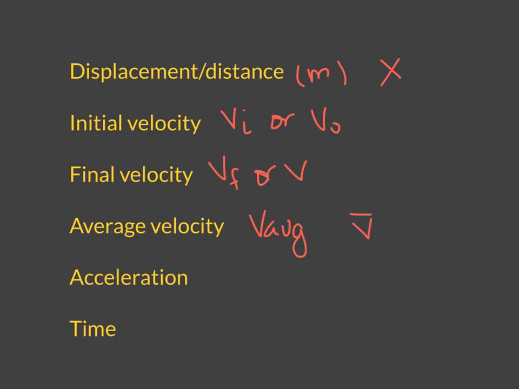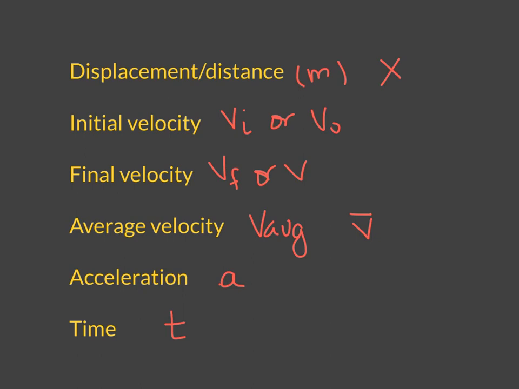Some books will write it v with a line over it, but most of the time we're going to see v average. Acceleration, see, we didn't get too creative. Acceleration is just a. Hey, how about that? And then time is a t. And notice I made that t with a hook. I'm going to reiterate that later. But that's so you don't get your t's and your plus signs mixed up.